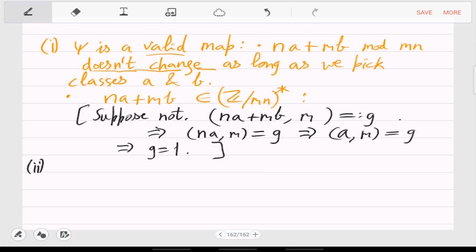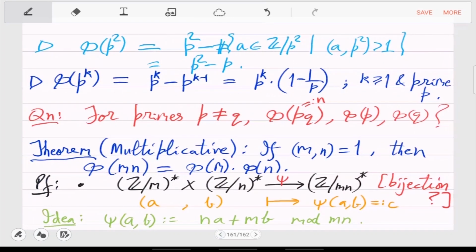That's the first important thing to check. So second thing you have to show is that psi is injective. So what do you have to do to check that? So injective means that two pairs should not map to the same thing, right?